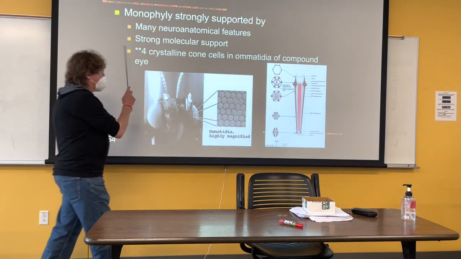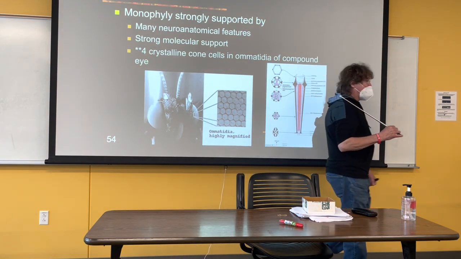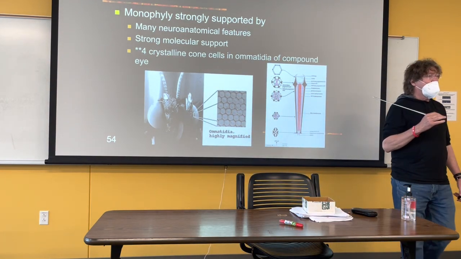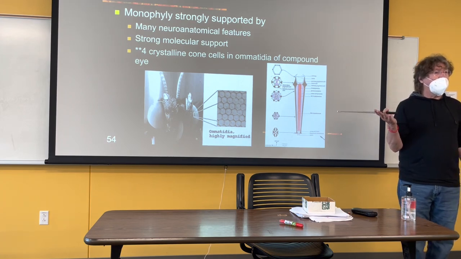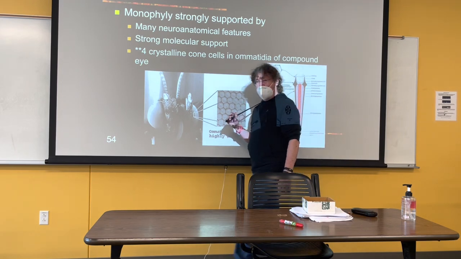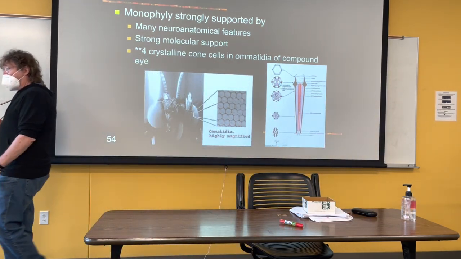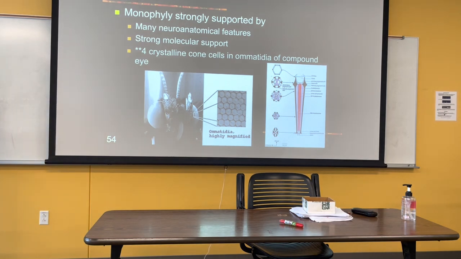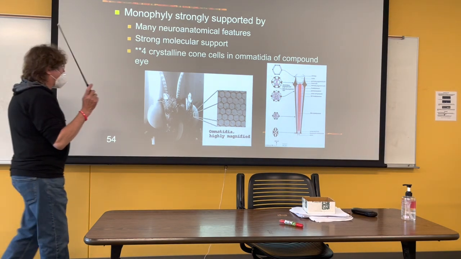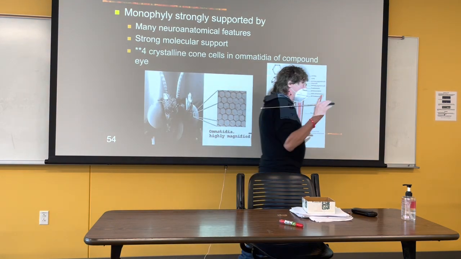Now, once the DNA evidence showed that insects came from some group of marine crustaceans, they started looking closer at the anatomy of these things, especially the structure of the brain. Crustaceans and insects have similar brain structures, not shared with other arthropods, and they also have compound eyes.